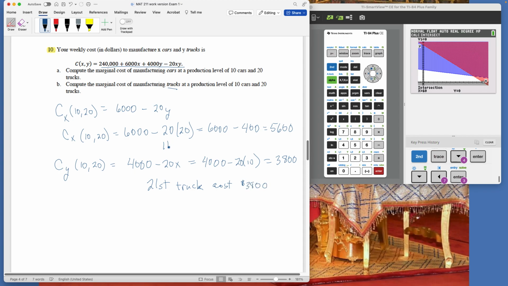The 11th car would cost 5,600. Okay, so that's a marginal cost. So understand that the marginal is the cost to produce one more, and it comes from taking the first derivative. All right, thank you.